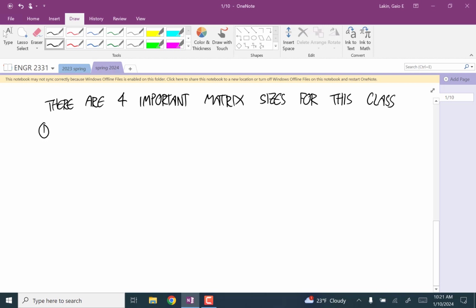The first one is a 3x1 matrix. That's vectors in 3D. That's what this is going to represent. And, you know, it looks like the vectors that we dealt with in statics.